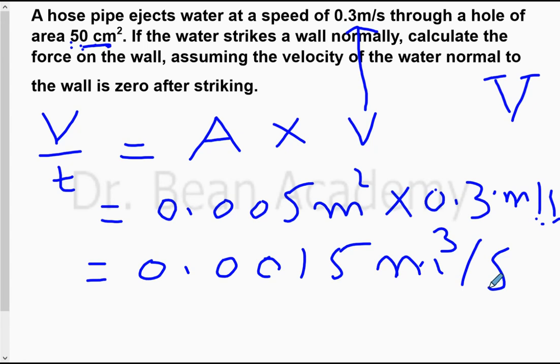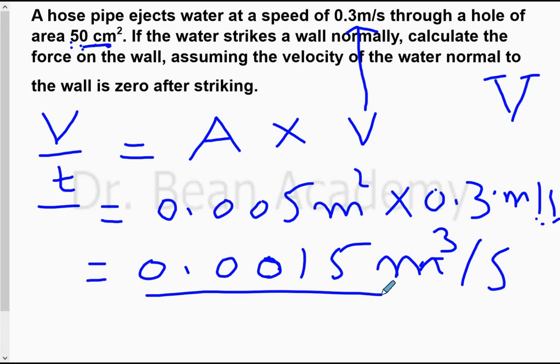So I have calculated the volume flow rate, which is V over T, and it is equal to 0.0015 meter cube of volume, and if I use the definition of the volume flow rate, it says that 0.0015 meter cube of volume is passing in 1 second through a unit area.